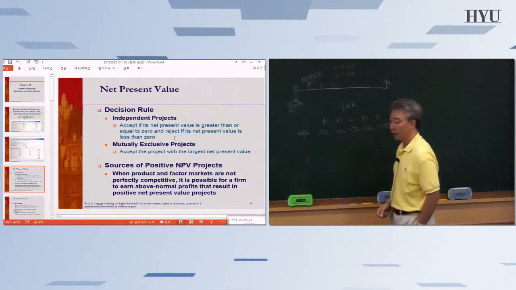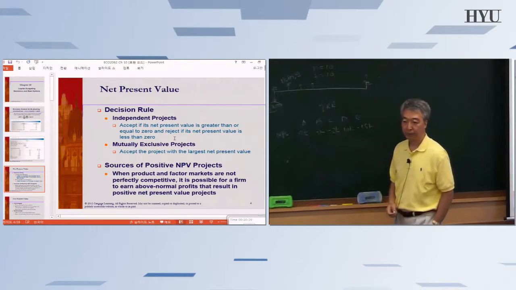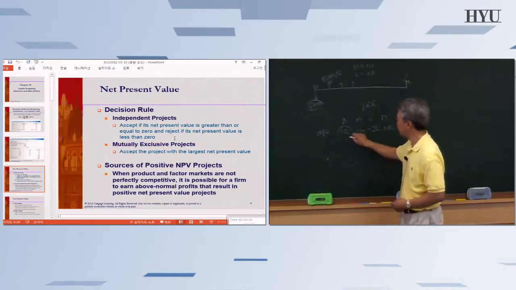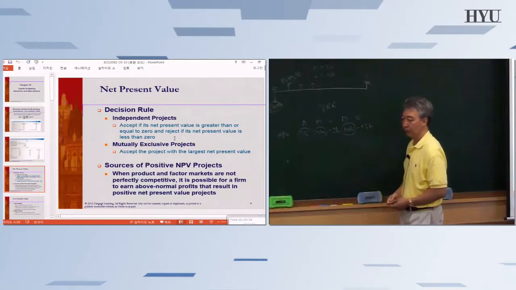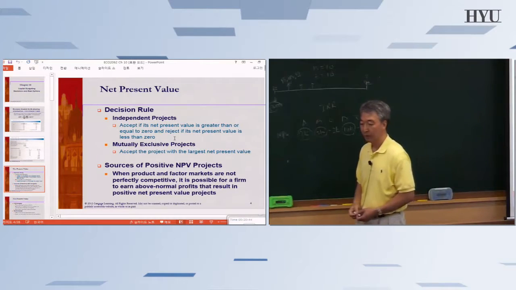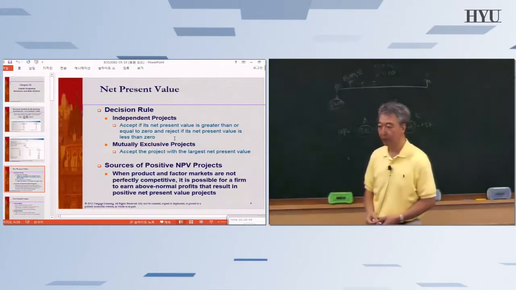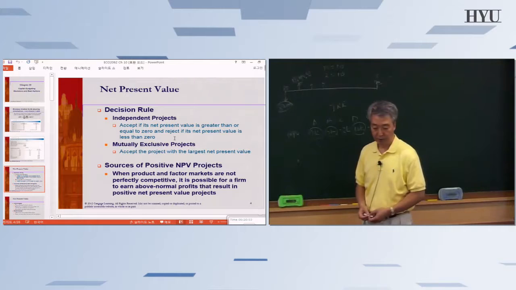Then as a profit maximizing investor or shareholder wealth maximizing financial manager, you should choose all the projects that return positive net present value, right? You should not leave anything out, okay? Because then you are losing the opportunity to make positive return, right? That's the case of independent projects.